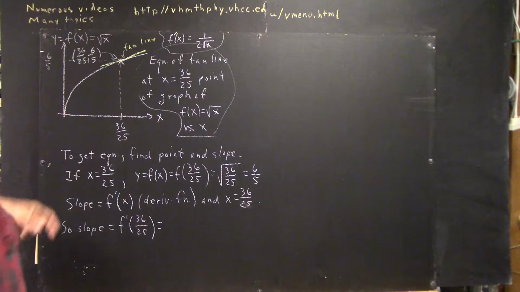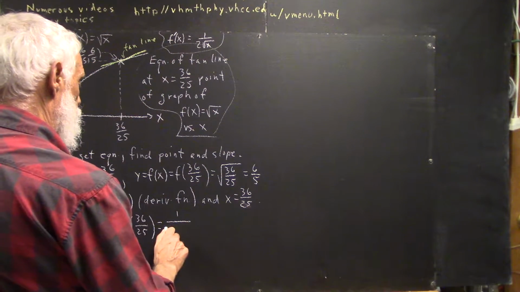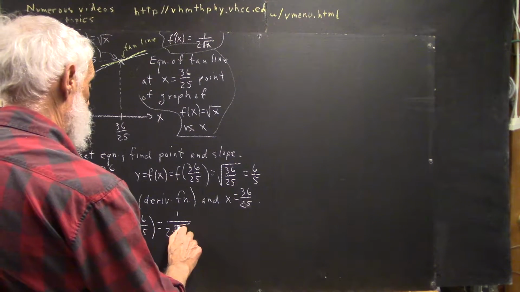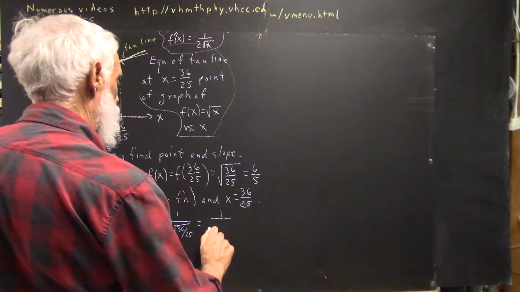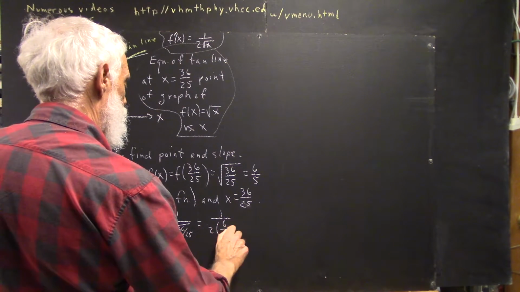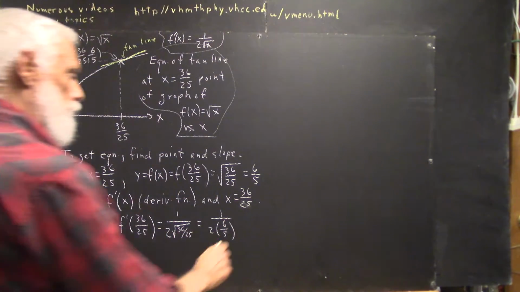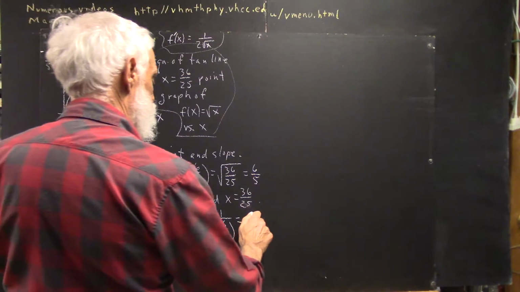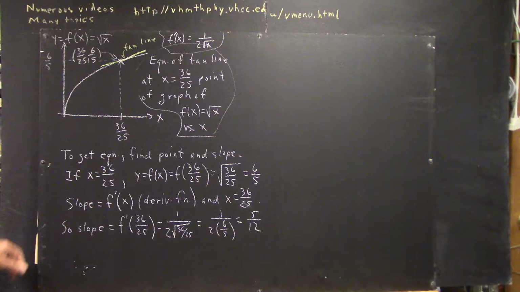Okay, so what do we have? Well, that's going to be 1 over 2 times the square root of 36/25. And that's going to be 1 over 2 times 6/5. And that's going to then equal what? I assume you can do fractions, it's going to equal 5/12.